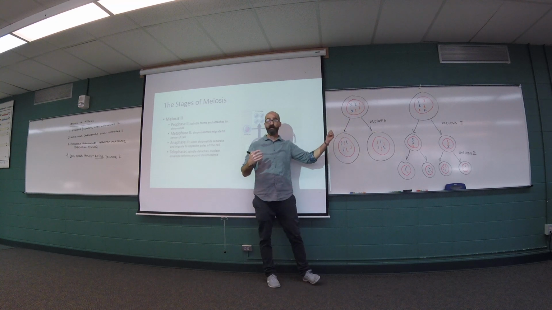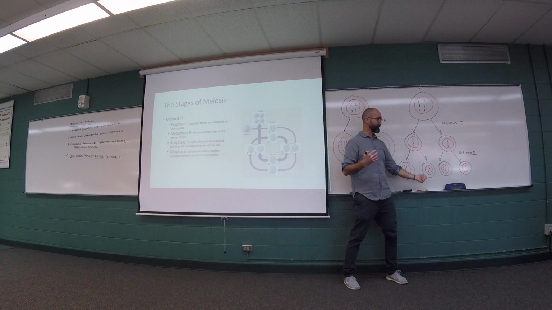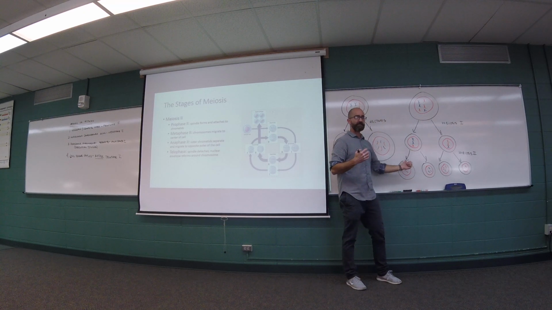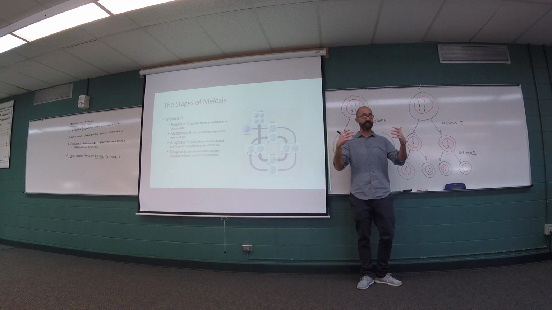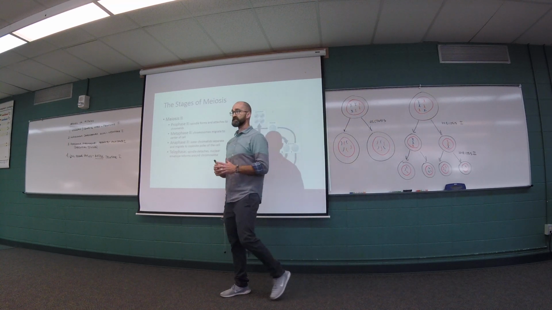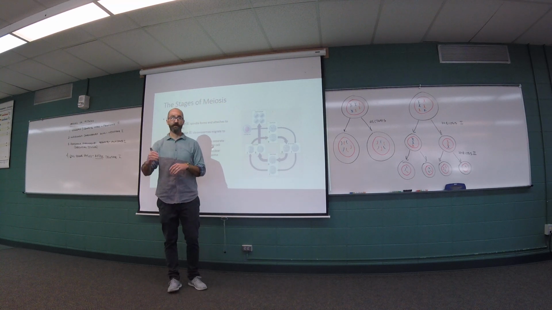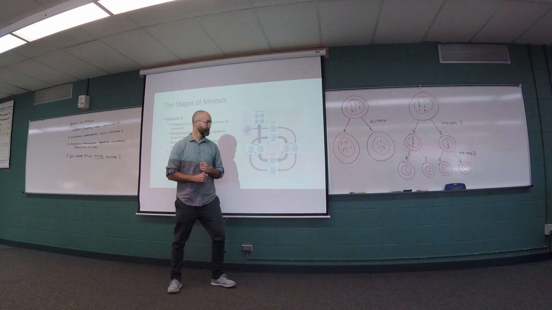So we've effectively doubled the number of chromosomes, right? But if we go through meiosis, and this is a sperm cell and this is an egg cell, we get a sperm cell with 3 chromosomes that fertilizes an egg cell with 3 chromosomes, and 3 plus 3 is 6, which is the same number as the parental generation. Meiosis allows us to retain that number of chromosomes across generations. Okay?